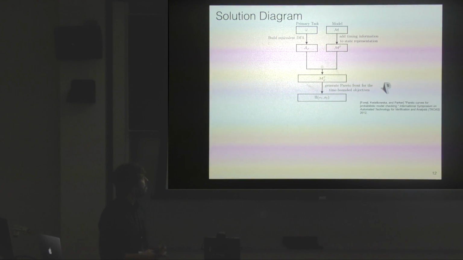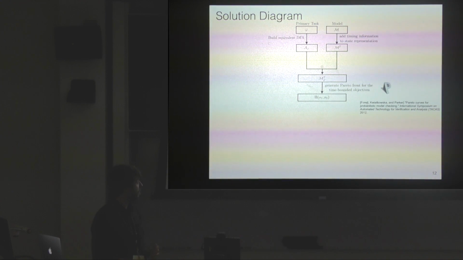We take the product of these two models to build what is known as a product MDP; in this case, a product timed MDP. And then maximizing the probability of achieving your co-safe task within the deadline in this model boils down to doing some reachability to maximize the probability of reaching a given set of states. So we can use, again, known techniques to generate the Pareto front for those specific two objectives.